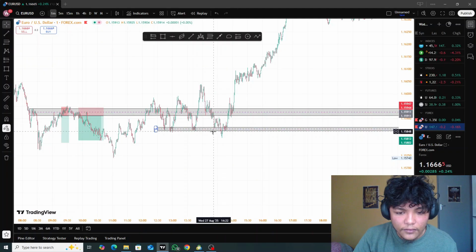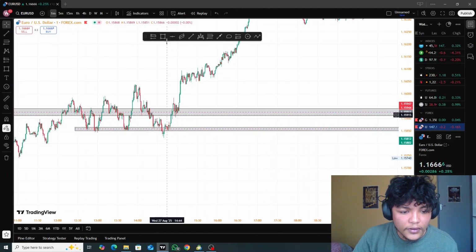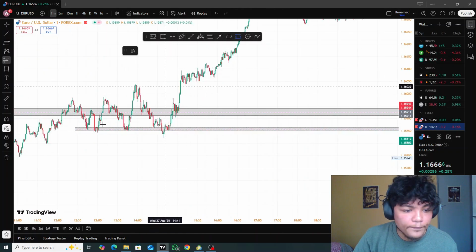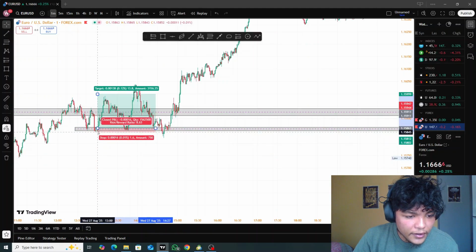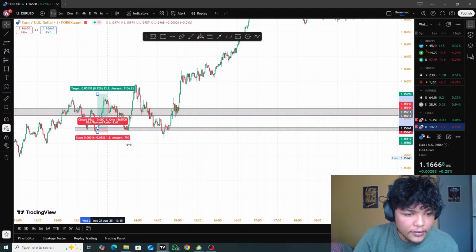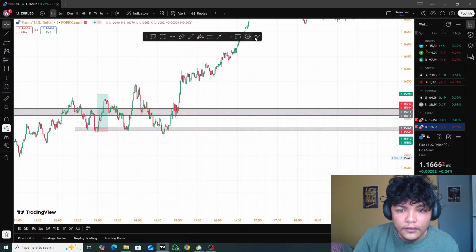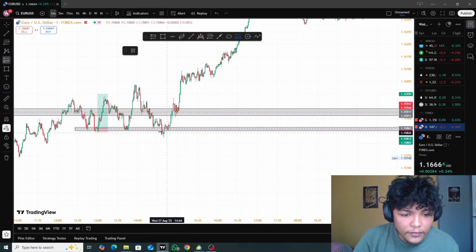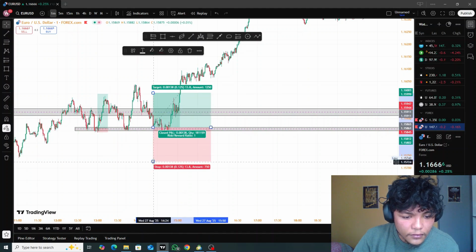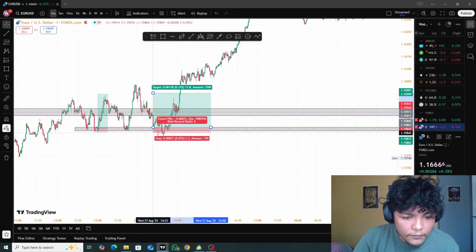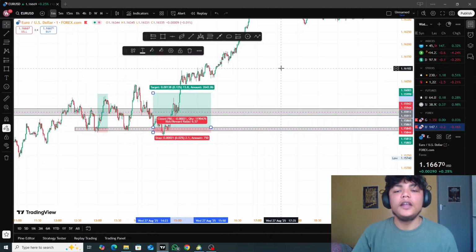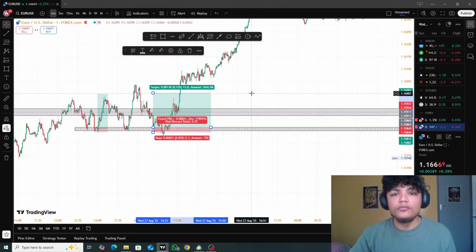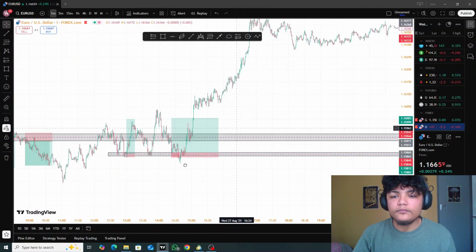But here now, you decide to buy there. Stop loss right there. And now you bought here as well. Stop loss below. Got stopped out, and in the end the market goes in your direction.